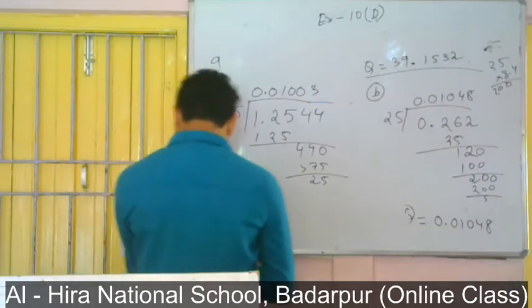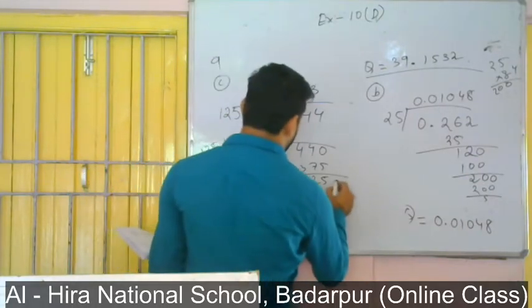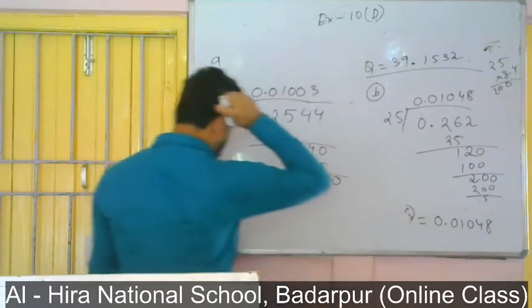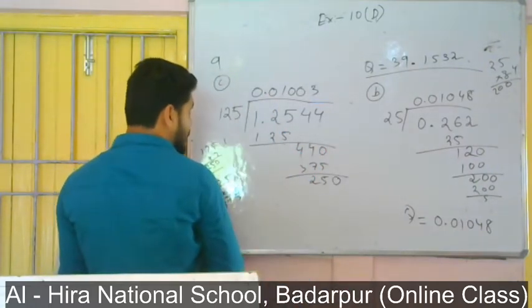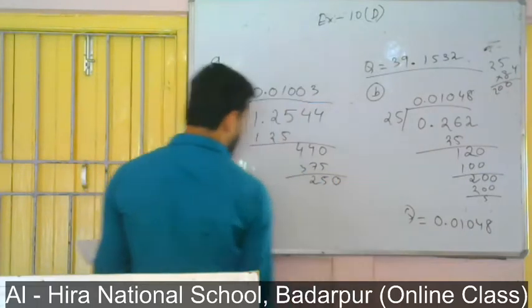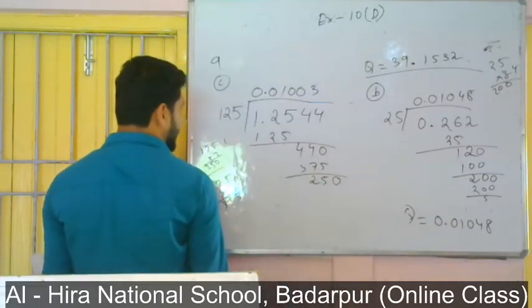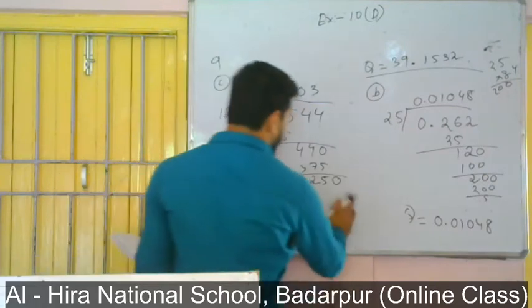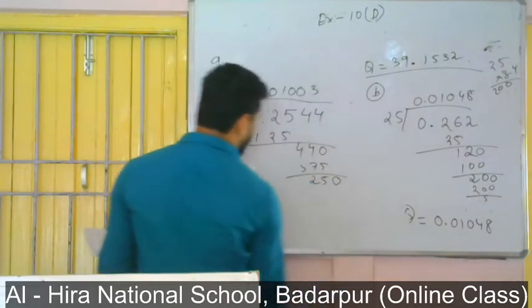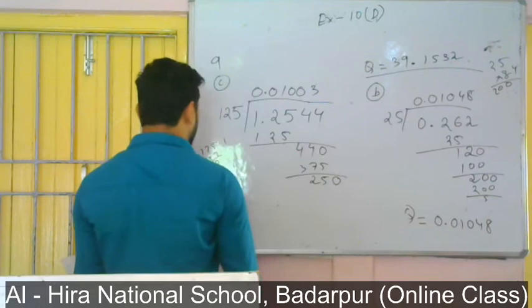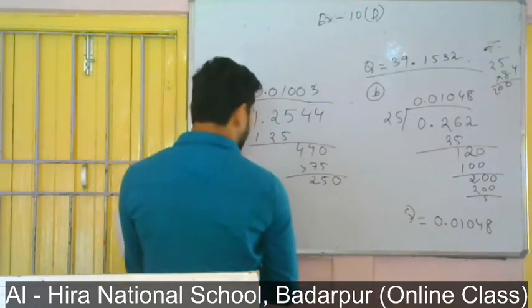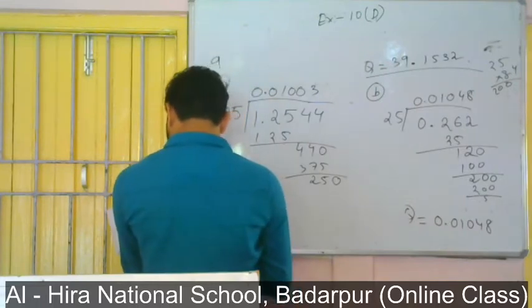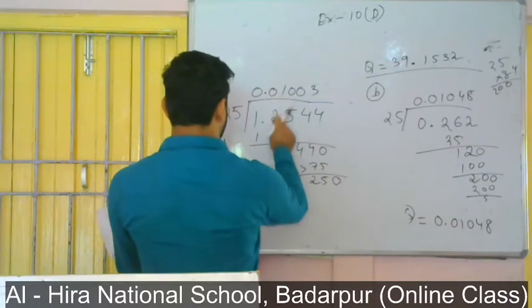Again we shall take, point is there, so we will take 250. Now let us check with 250. 250 we are getting with 2. Zero.